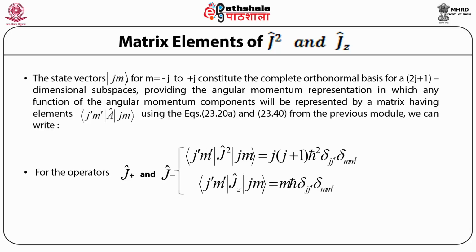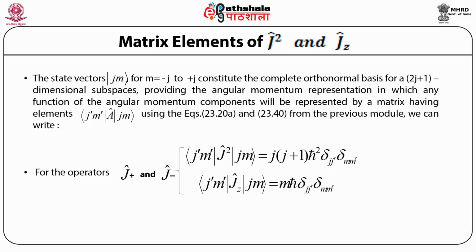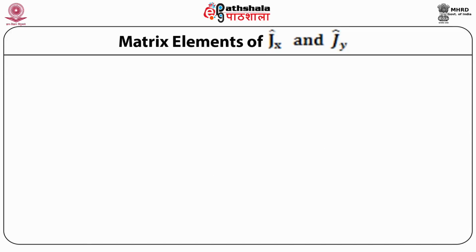And the values of these can be found out by taking the scalar product of these with the ket vector J prime M prime.